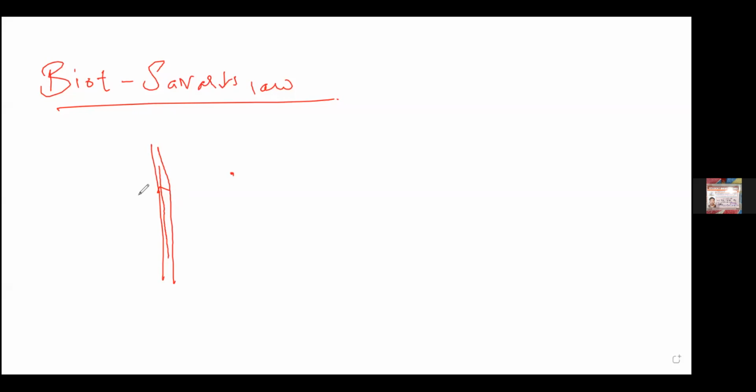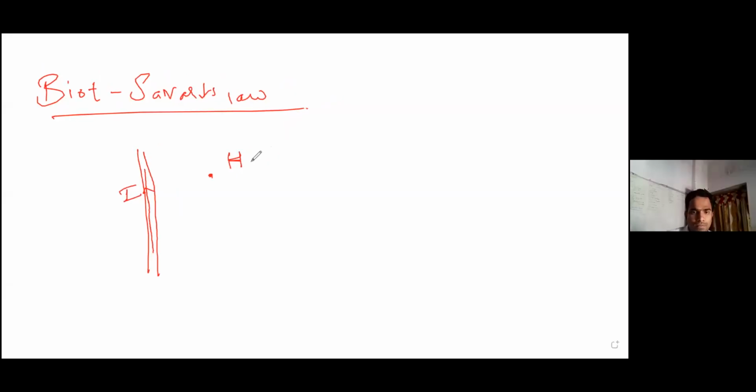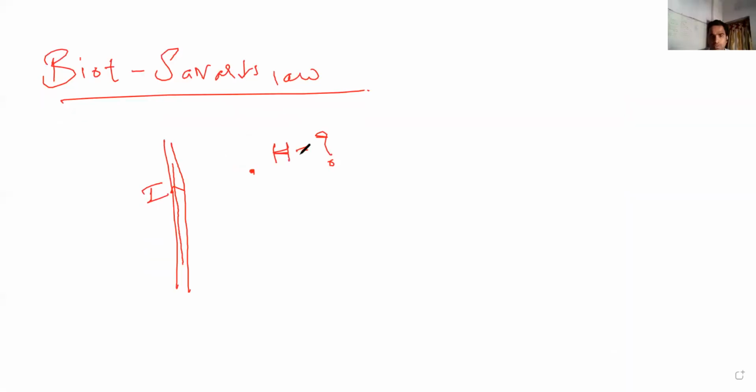So if there is a current carrying conductor, at any point, if we wish to find the intensity or the magnitude of the magnetic field, how much is that? That was given by Biot-Savart's law. What Biot-Savart's law stated was, if there is a current element, they divide the entire conductor into infinitesimally small current elements.